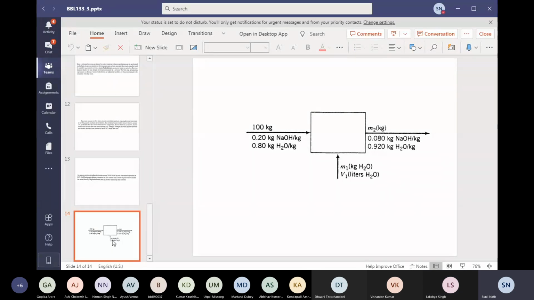Now find those ratios that he asked for. How many kg water per kg feed solution? So you know you took 100 kg feed solution. How much water did you put? That was M1. So 150 upon 100. So it's 1.5 kg water per kg feed solution. Similarly, find the other ratio. So you also know the product now.